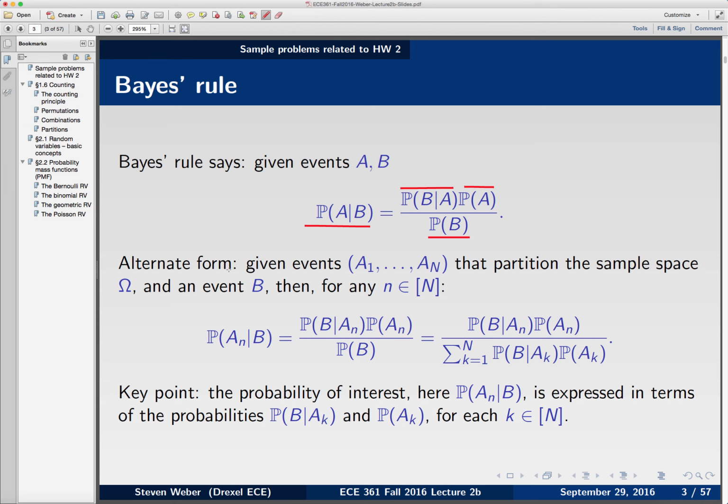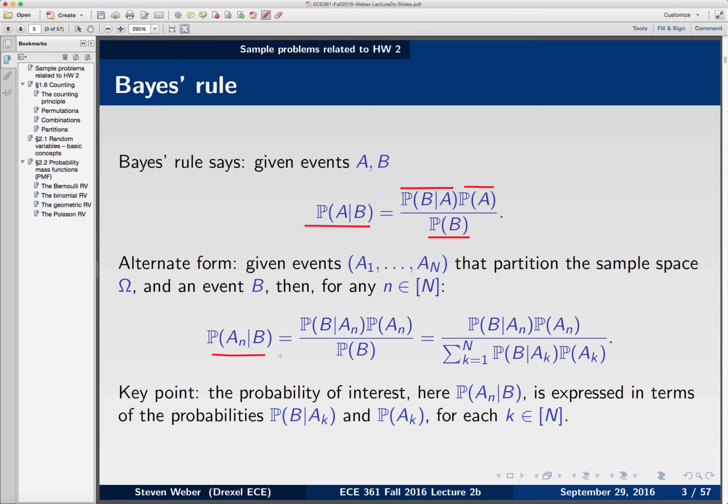An alternate form that turns out to be very powerful, as we'll see in the subsequent examples, is the following. Suppose we're given a collection of events, subsets of the sample space, A1 through AN, that partition the sample space, omega, and an event B. What we're interested in finding is the probability of AN given B. Typically, we're not given that information directly.